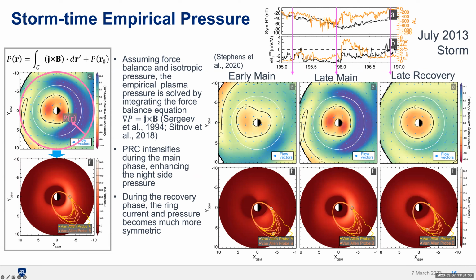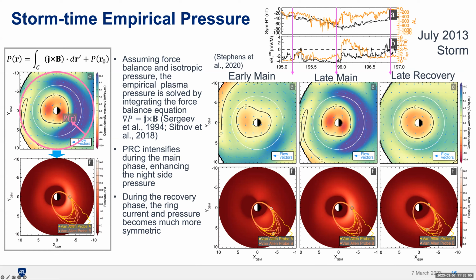And you can see that Van Allen probes is flying directly through this enhanced pressure system that develops during this storm. So here's showing various snapshots of both the equatorial ring current and also the resolved empirical pressure by integrating this ring current system.